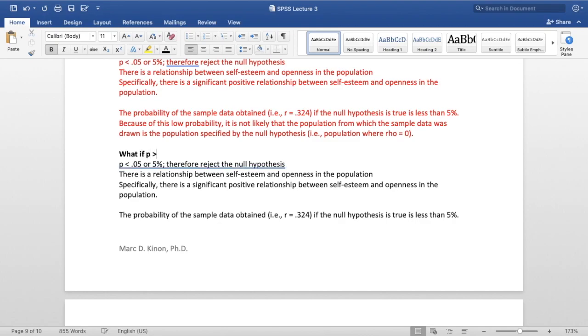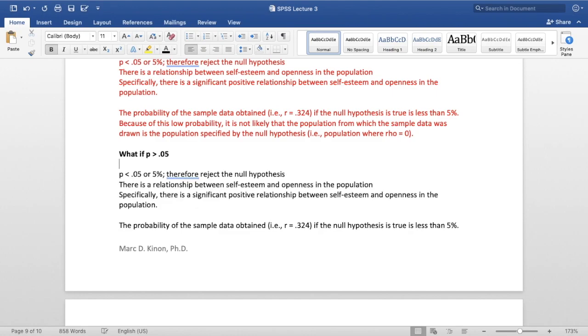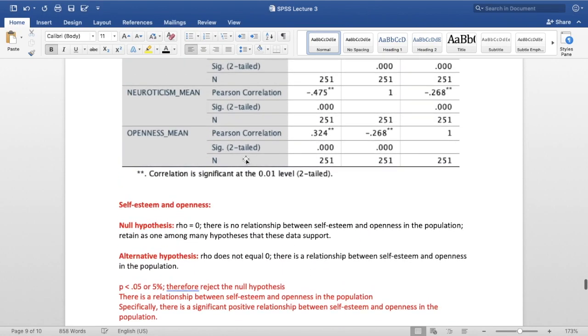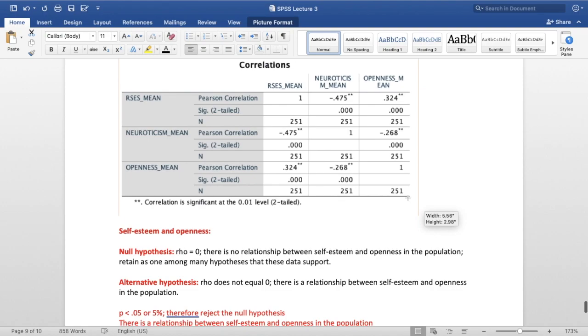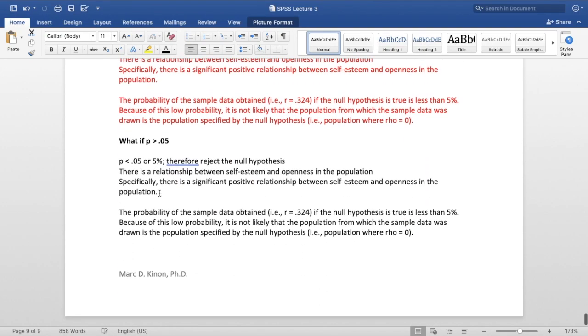What if p is greater than 0.05? Okay, perfect. So if p is greater than 0.05, we would retain the null hypothesis.